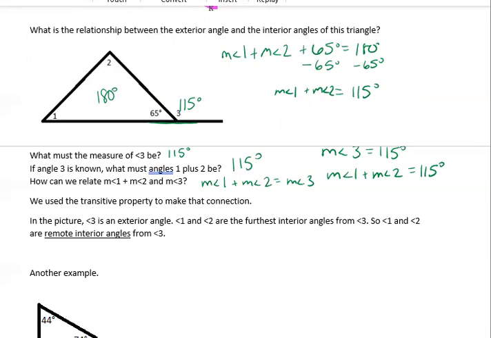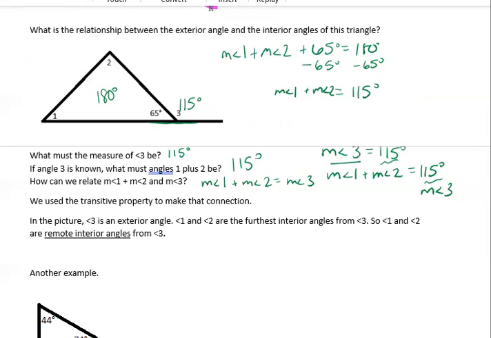So if we substitute in what 115 was equal, that's the measure of angle 3 in right here, then I could say the measure of angle 3. Or if I want to say A equals B and B equals C, so C and A must also be equal because we're kind of substituting in that B, then we call it the transitive property. So we use that transitive property to make this connection, that these interior angles are equal to this exterior angle.